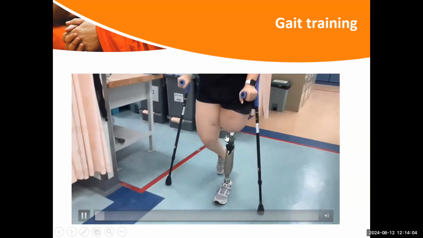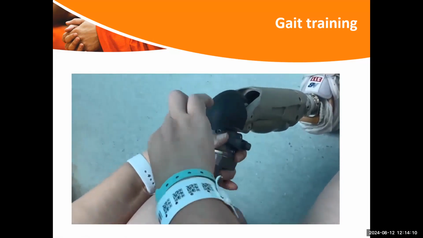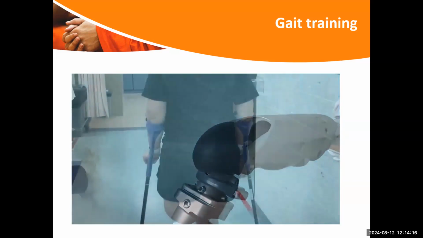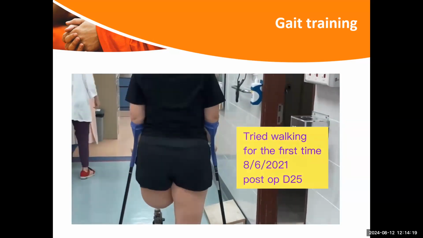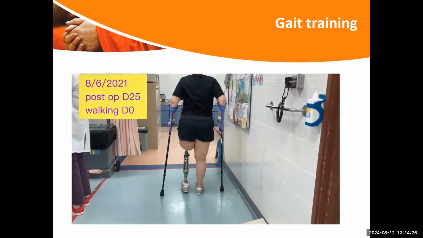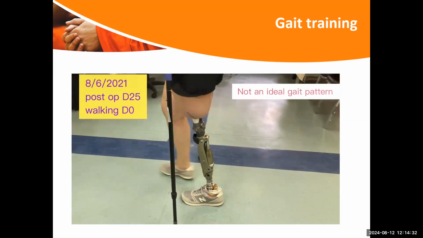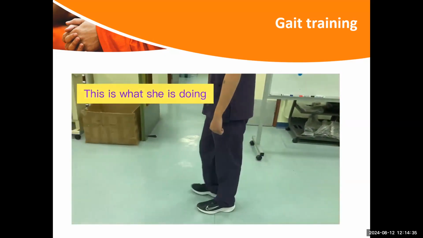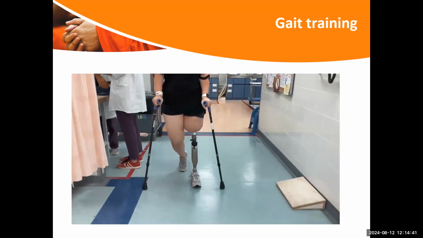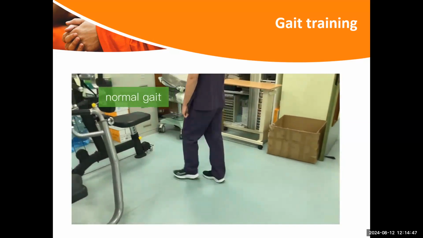So after the osteointegration, this is how she puts on the prosthesis. Okay, it's put on. But she is not doing the knee flexion. Okay, normal gait.